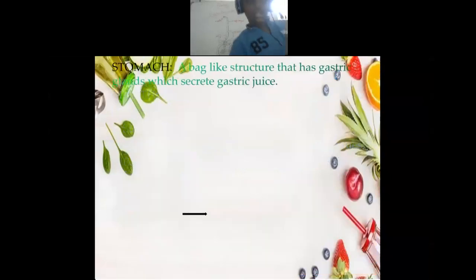Now the stomach is a bag-like structure that has gastric glands, which secrete gastric juice.